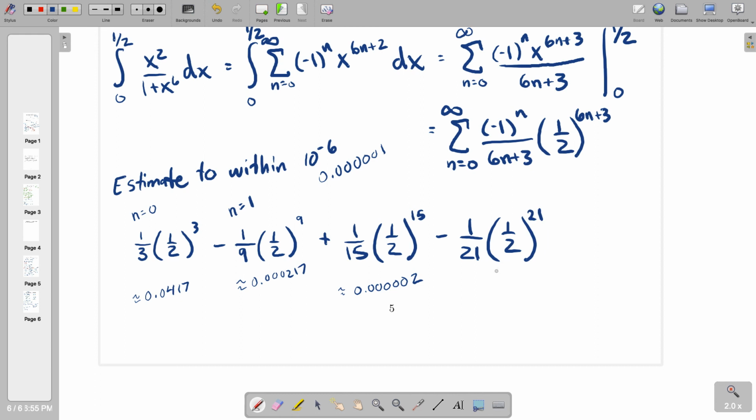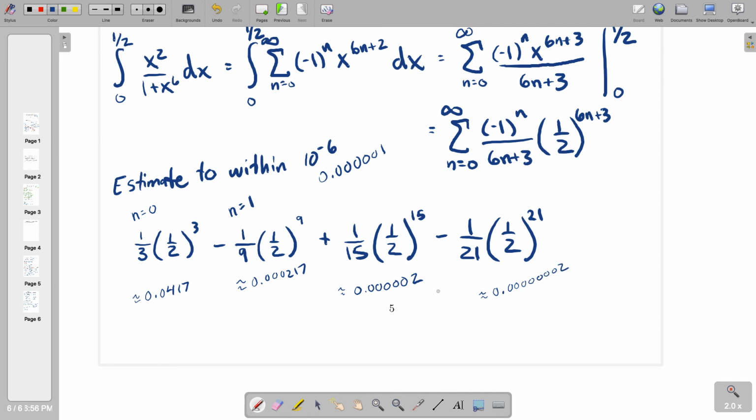And when I make that calculation, it's definitely less, and I forgot to write it down, so excuse me. I'll do it right now. So this is going to be 0.00000002. So this is smaller than that.